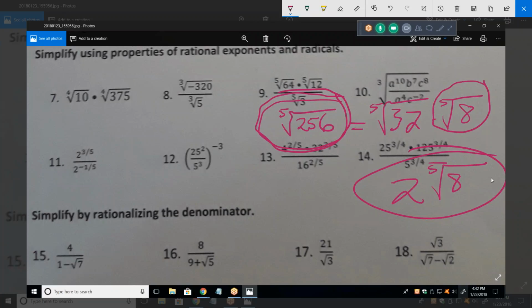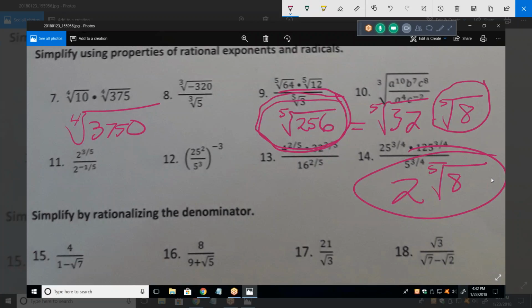Now, if I go back over to this problem here, number 7, and I say to myself, can I factor 3750 and have one of the factors be a perfect fourth number? Well, 2 to the fourth is 16.